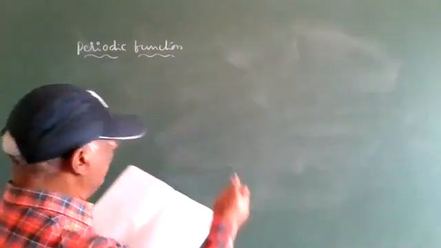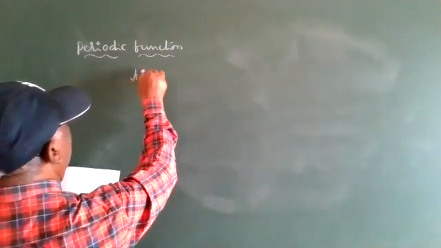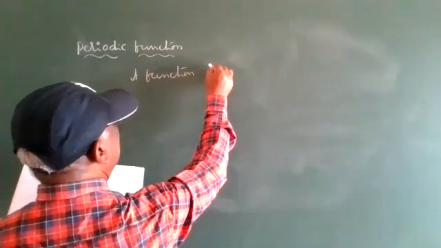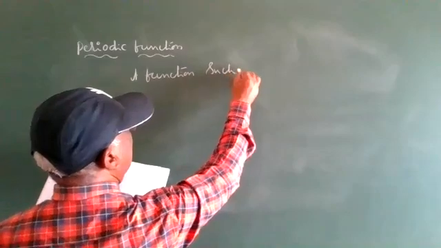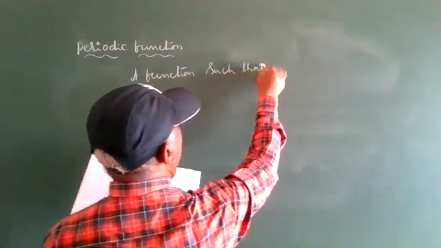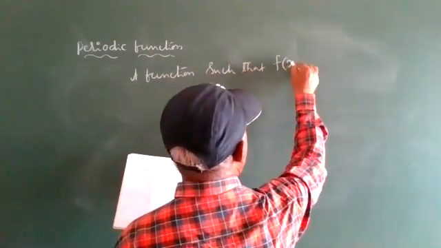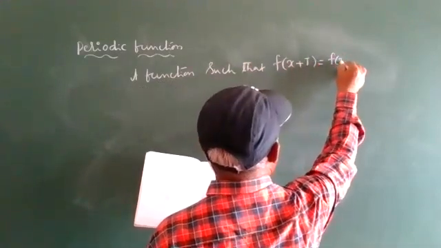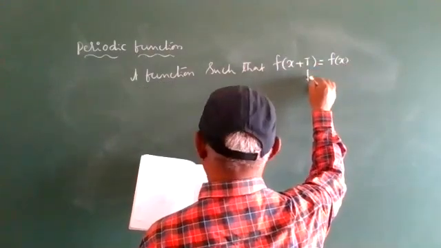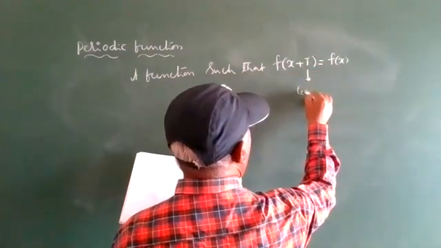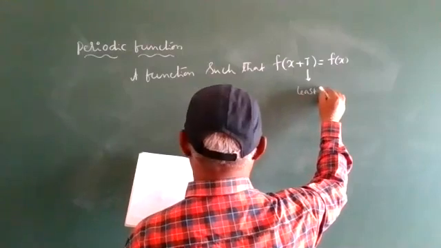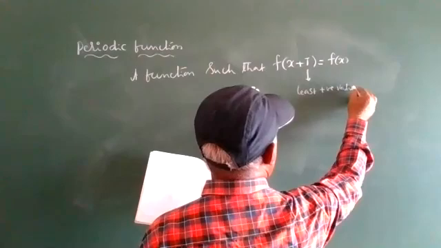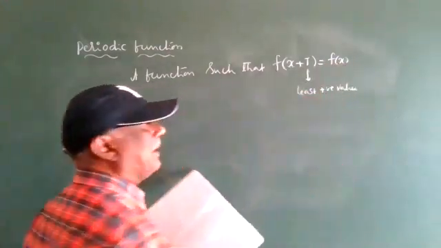So that is a function such that f of x plus t is equal to f of x. T is the least positive value, so the value is again repeated.